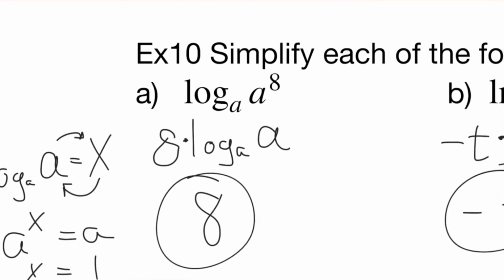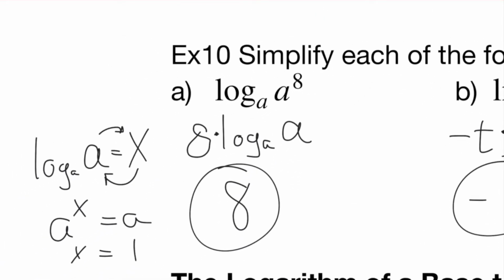So that's that. Here's something else. Log of base a of a to the 8th. Now, you see that this is an exponent on the inside, and therefore it becomes multiplication on the outside.